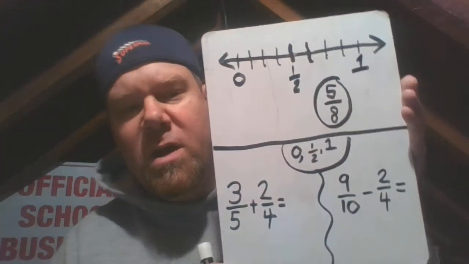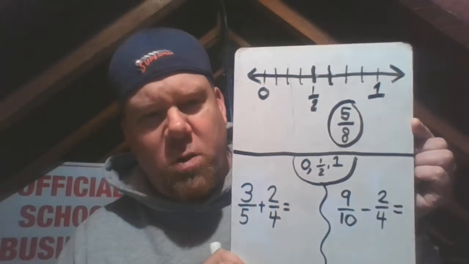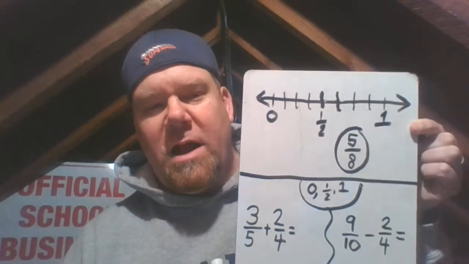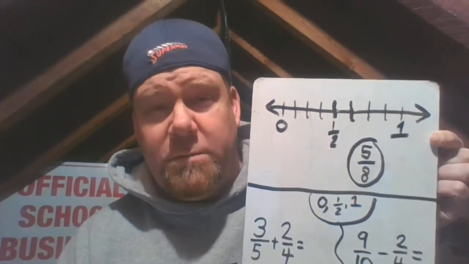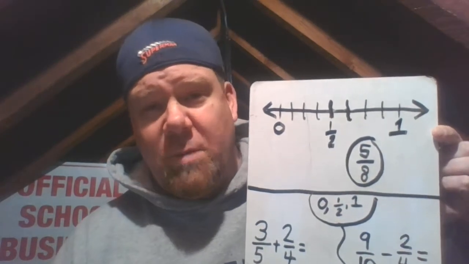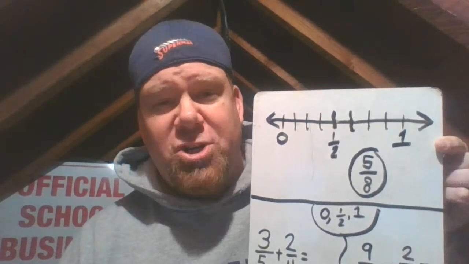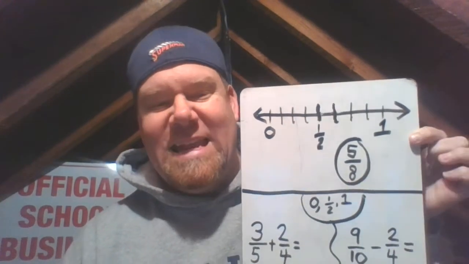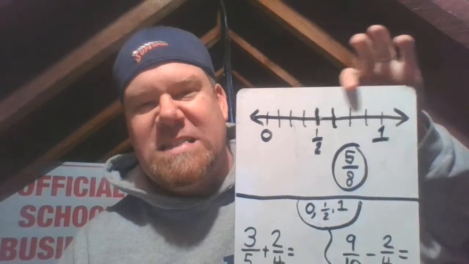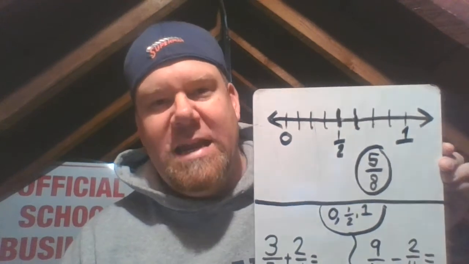So the top part of my whiteboard, you will have some questions that have a number line here. And this number line goes from 0 to 1. You might think in the past, oh my goodness, that's probably the shortest number line I've ever seen. But now this number line is showing fractional parts. In this case, from 0 to 1, there are 8 spaces, which means the whole is broken up into 8 equal parts.